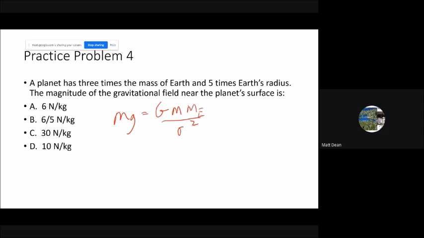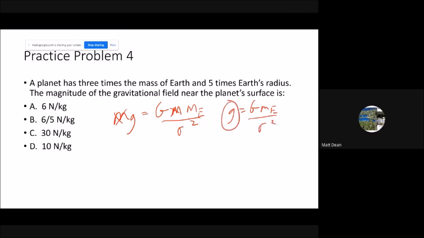This m over here on the left is the mass of an object on the surface of a planet. Notice that it's on both sides, so that's going to cancel. So we end up with little g equals the universal gravitation constant, big G, times Me over r squared.